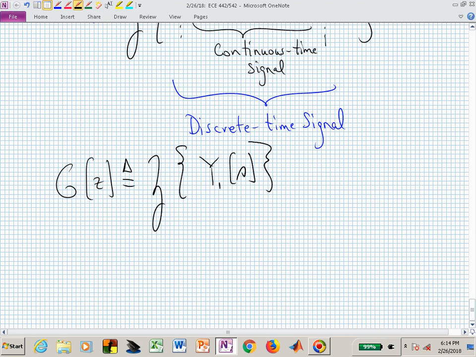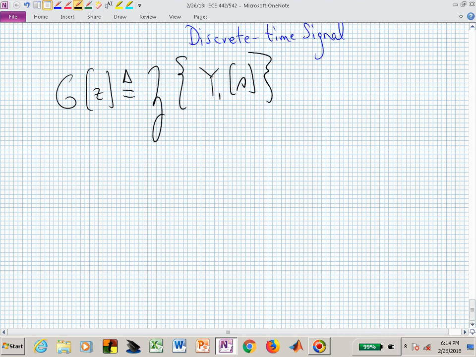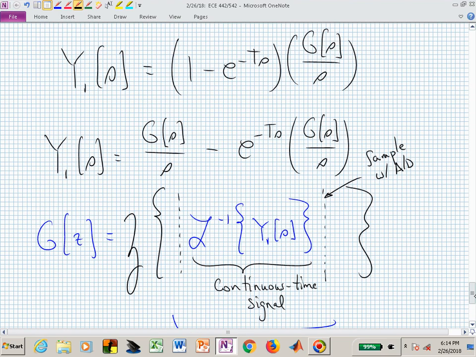Well, if you'll bear with me on the handshake and a wink, now I can rewrite that capital Y sub 1 of s as what it was. Capital Y sub 1 of s is this two-termed expression: G of s over s, and G of s over s delayed, subtracted from it.